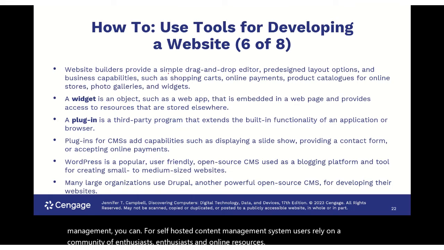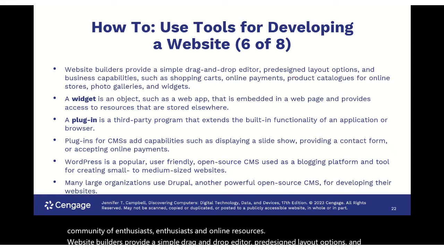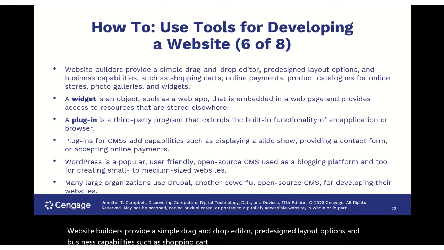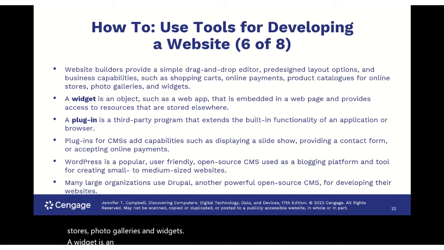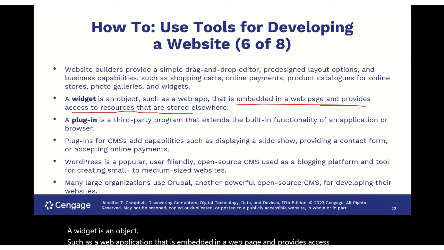Website builders provide a simple drag and drop editor, pre-designed layout options, and business capabilities such as shopping carts, online payments, product catalogs for online stores, photo galleries, and widgets. A widget is an object such as a web application that is embedded in a web page and provides access to resources that are stored elsewhere.